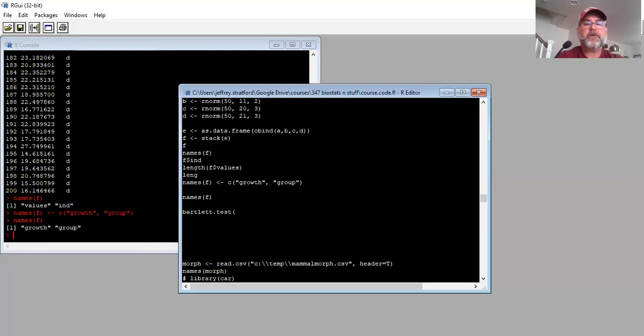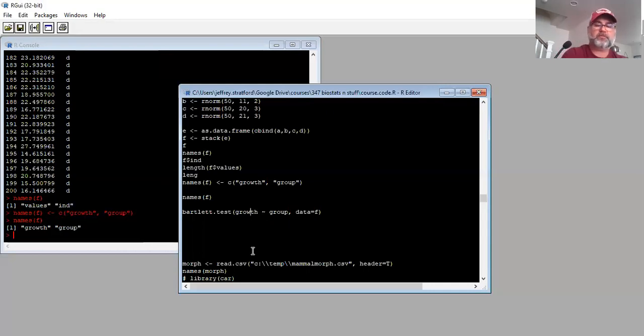And we have the variable we're measuring, which is growth, and tilde, and group. And we need to indicate our data. So here it's F. So tilde means as distributed by. So we're looking at growth as distributed by group.